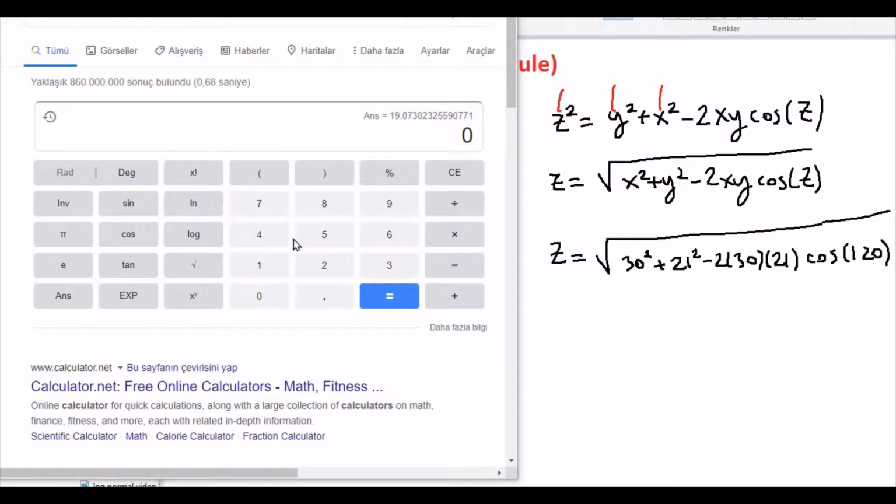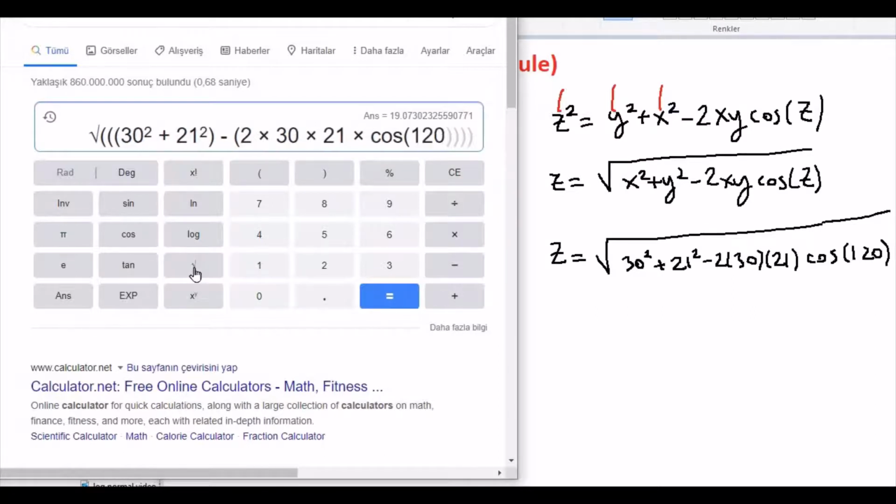Now let's use the screen calculator. We're going to have the square root of, we need two parentheses here for order of operation, 30 squared plus 21 squared is one group, close parentheses, minus 2 times 30 times 21 times cosine of 120, and make sure your calculator is in degree mode.